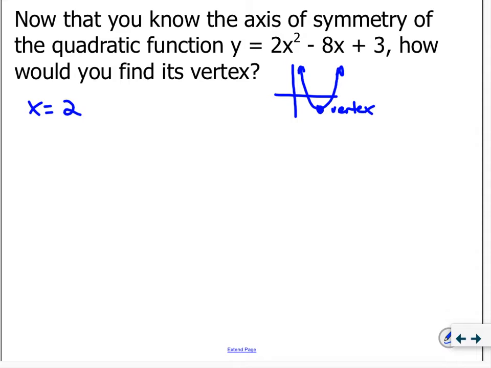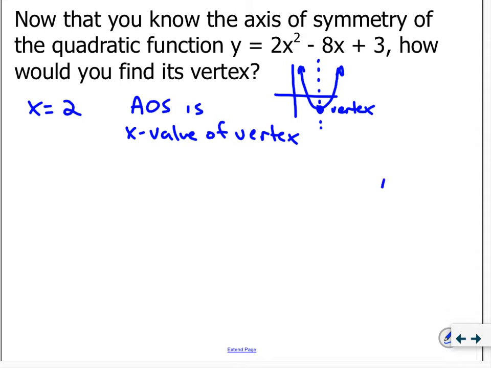So if you notice, the axis of symmetry passes through the vertex. As a matter of fact, the axis of symmetry is the x value of the vertex. Should I write that down? Yeah, worth knowing. So if we know the x value of the vertex, we're halfway done with our answer.